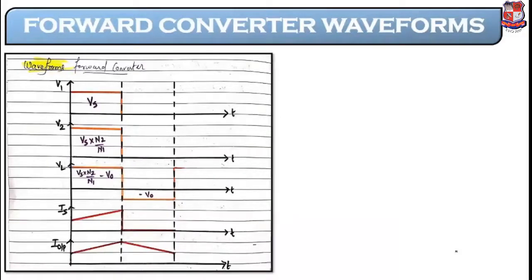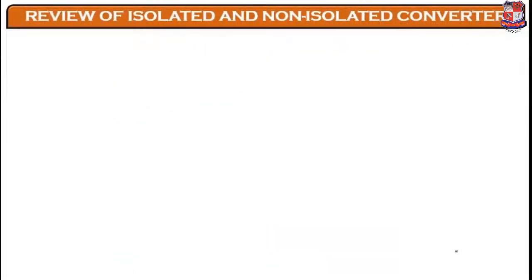So till here, this is the part 2 which I had mentioned: you have studied non-isolated converters, and in this part 2 you have studied isolated converters. Now in the further section we will be starting with multi-quadrant chopper, before which I would like to finish one last topic, that is review of isolated and non-isolated converter.